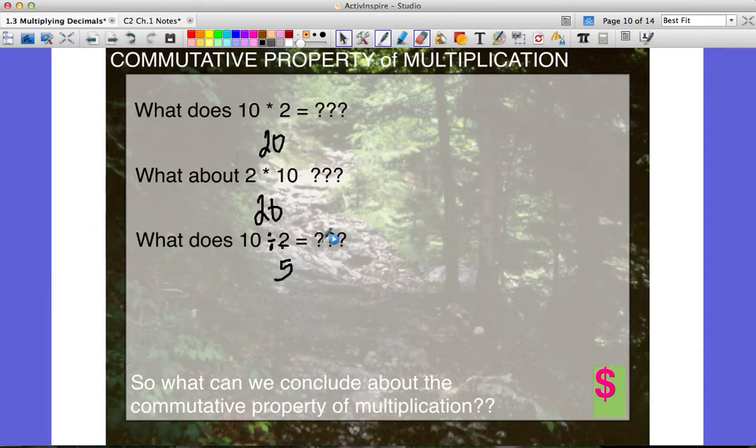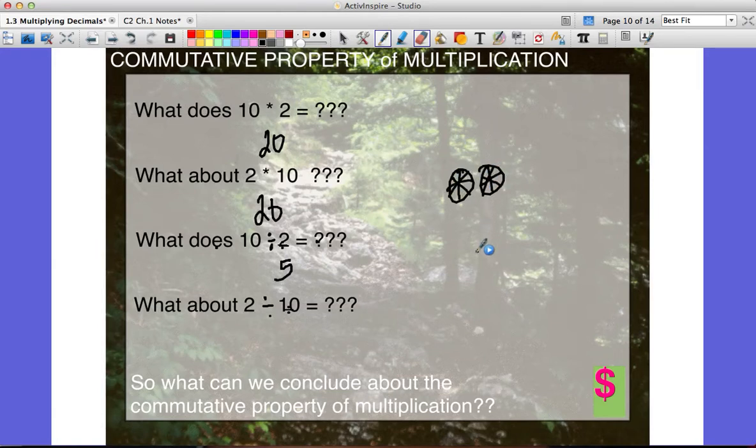Everybody should be yelling 5 at the computer right now, because now we're going to look at what 2 divided by 10 gives us. If you're telling me that 2 divided by 10 gives us 5, you are incorrect. 2 divided by 10 is actually going to give us a decimal because we're taking two things and splitting it into all kinds of different little pieces.